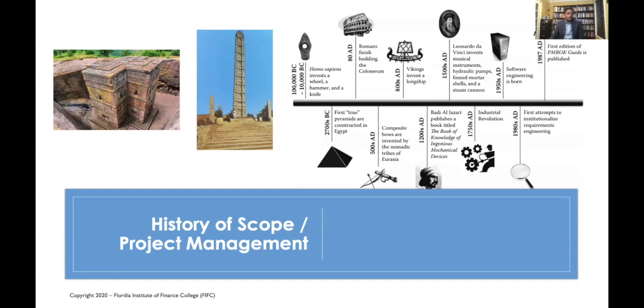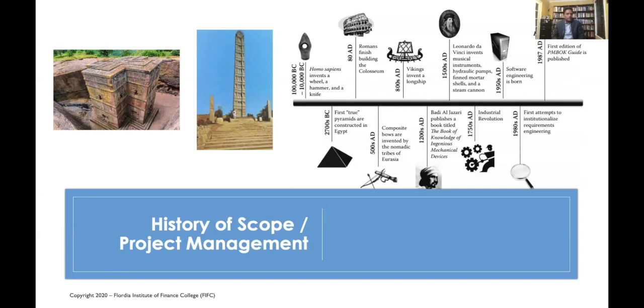So why didn't we learn how to manage properly, considering that projects have a history of 100,000 years? Yes, but there are a couple of things that were not there that we have now, and we're still struggling.